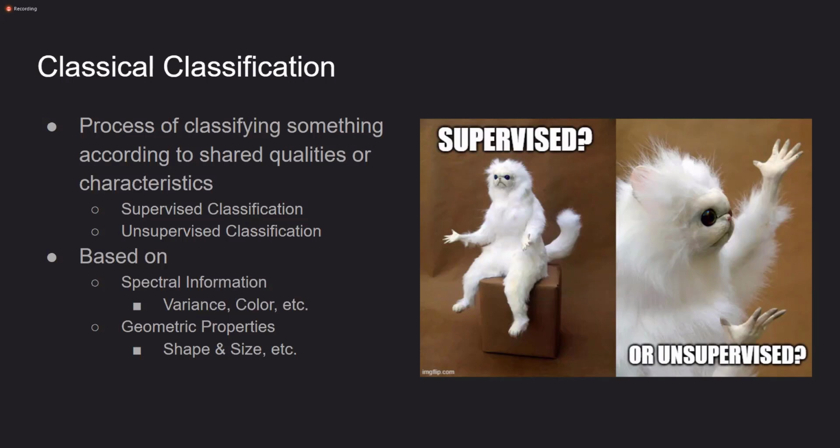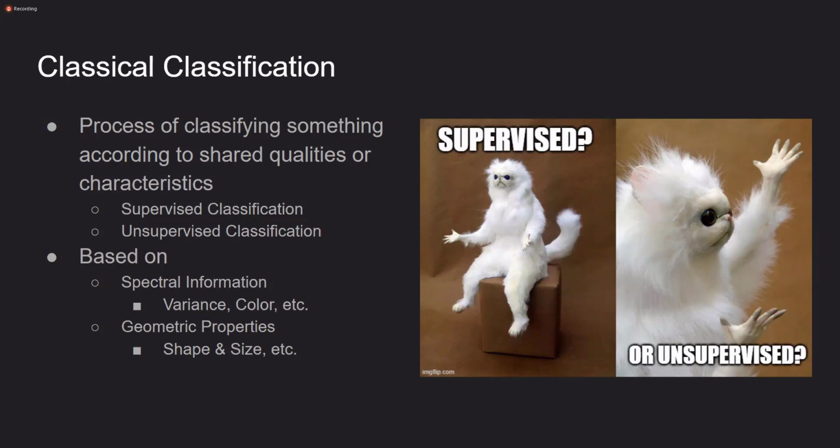So classification. If we think about the general process of classification, basically what we're trying to do is take some object and put it into a category based on its properties. For those of you that are experienced with Earth observation, you know we typically break it into 2 different categories, supervised or unsupervised.